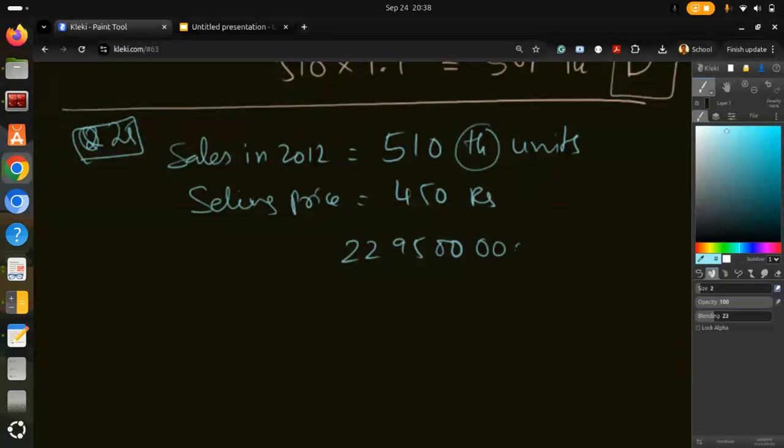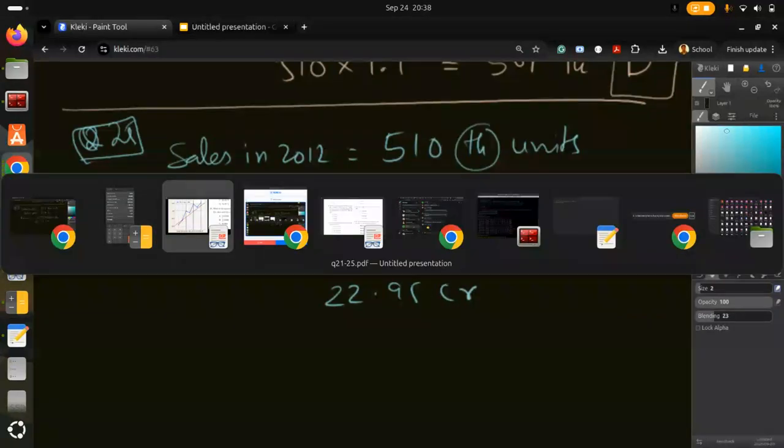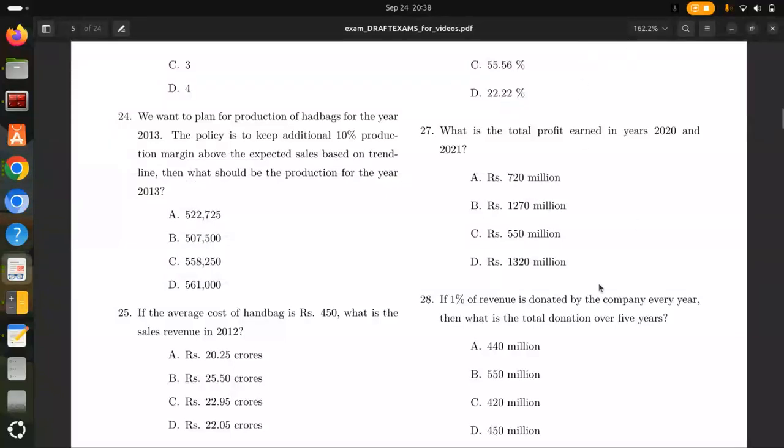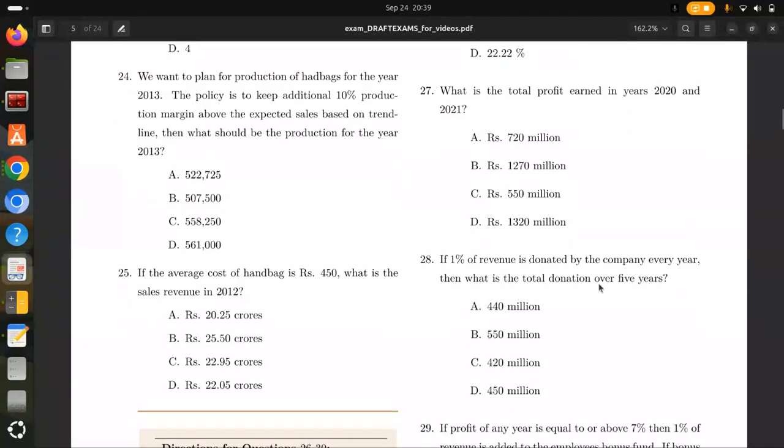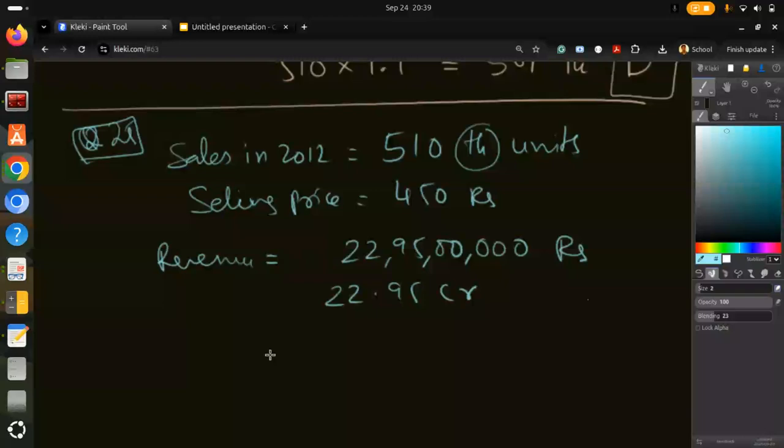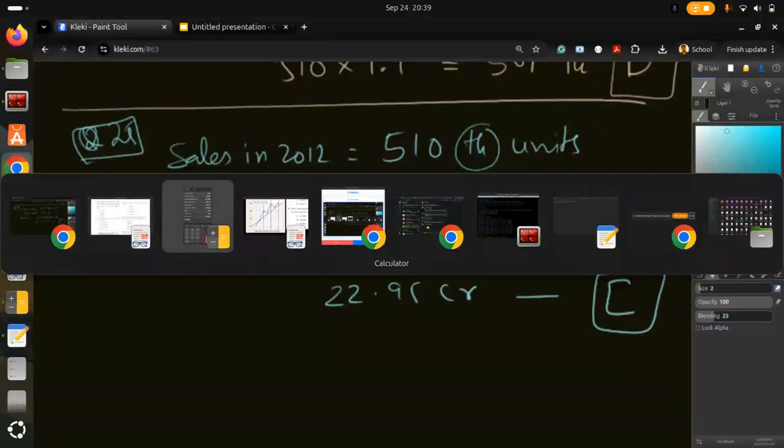So this is the revenue in rupees. Now this is thousands, this is 95 lakhs and 22 crores. So 22.95 crore is the revenue. Let's see whether it is in the options. Yes, 22.95 is option C. So let's mark it option C.